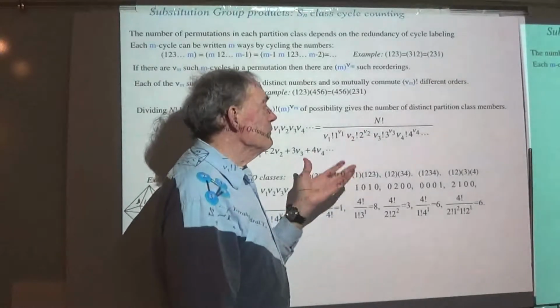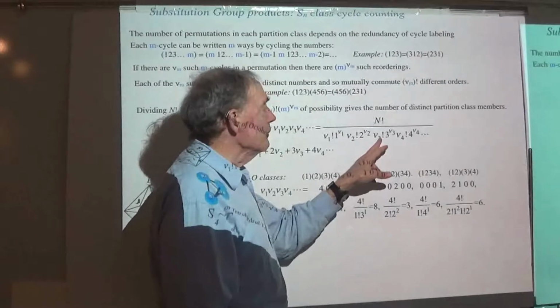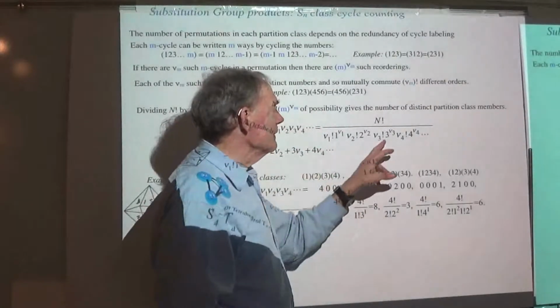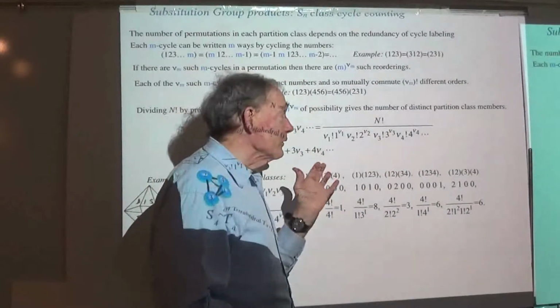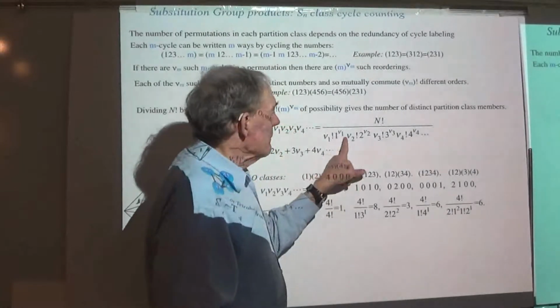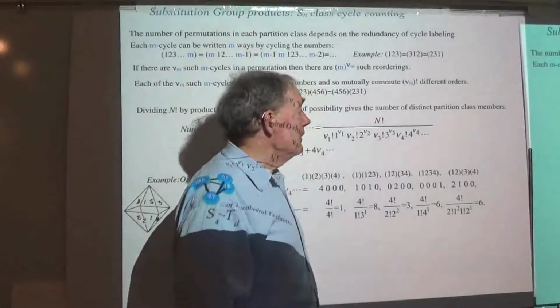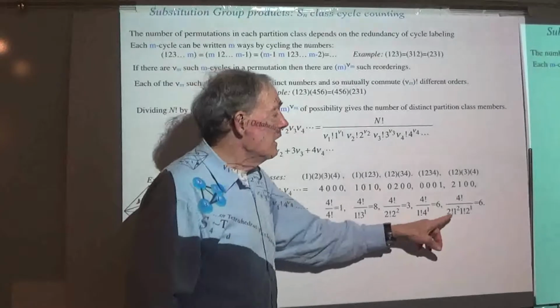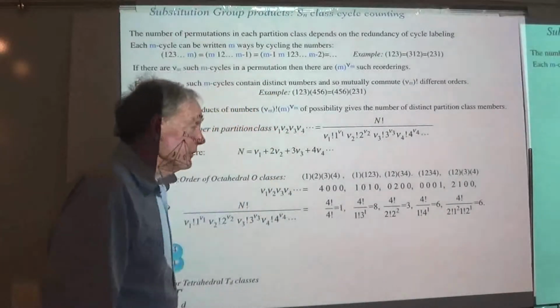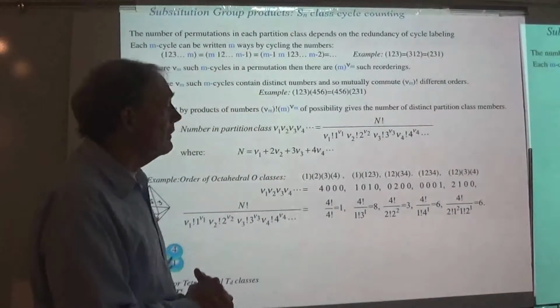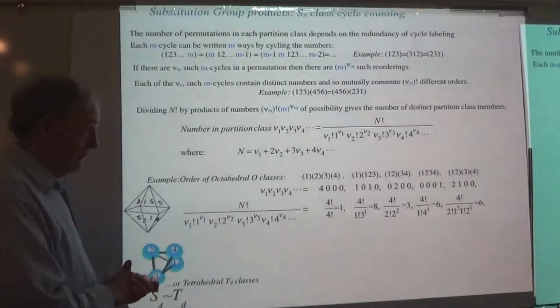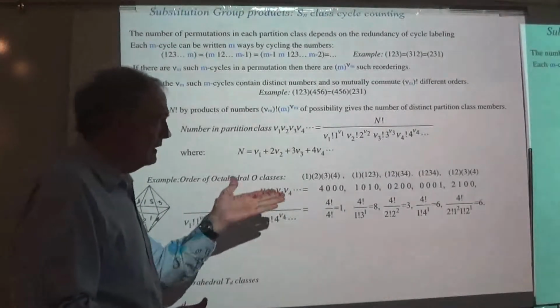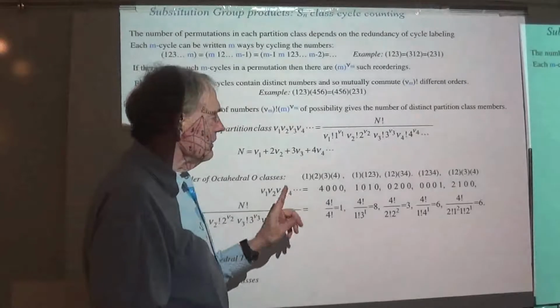And if ν is 0 anywhere, 0 factorial is 1, not 0, don't forget that. And then 3 to the 0th power is also 1. So most of these numbers turn out to be 1, and you only have to compute a few numbers in most of the calculations that you do. The molecules that we've considered, including buckyball, the monster, are taken down easily by this kind of reasoning.